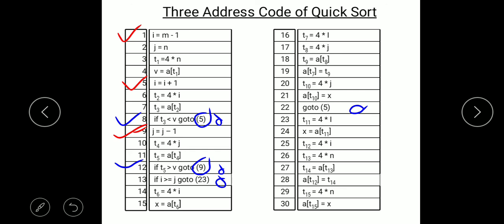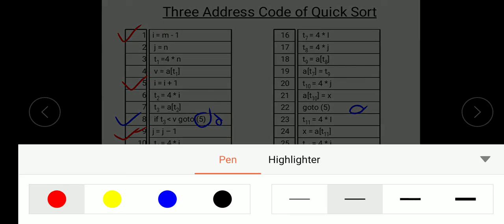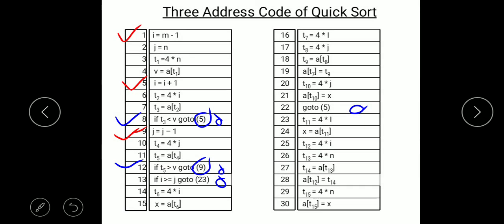Again look at statement number 13. And what is the target of statement number 13? 23. You can see here 23. So statement number 23 would be a leader statement by rule number 2.